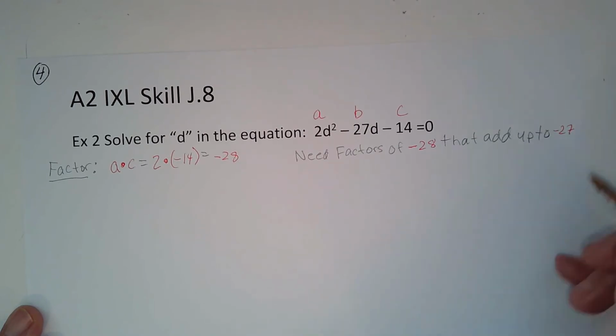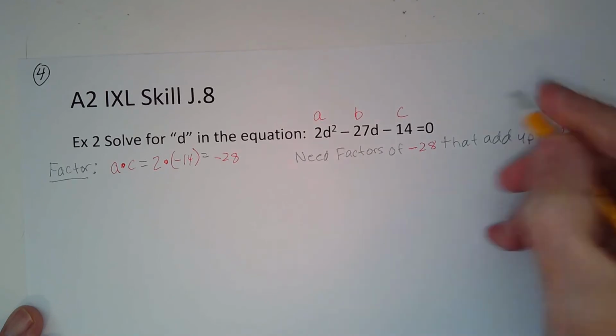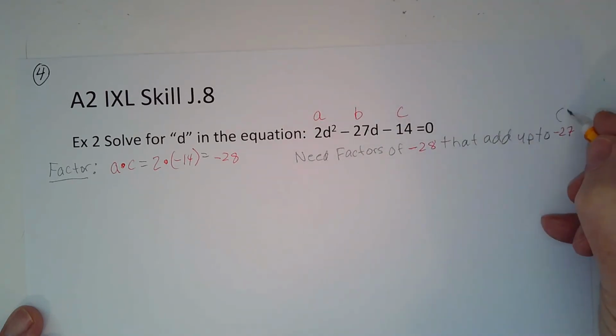And if you remember, that was your b. Here's your b here. So negative 27. It's your b. All right.